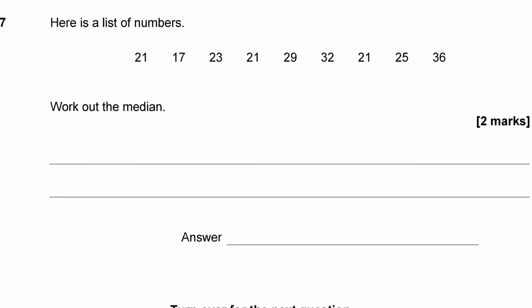Okay, question 7. Here are a list of numbers: 21, 17, 23, 21, 29, 32, 21, 25, 36. Work out the median. Right, when we're working out a median, the first thing we need to do is put the numbers in order of size, smallest to biggest. So what have I got? I've got 17. Let's put that one down first. The numbers starting with 2.